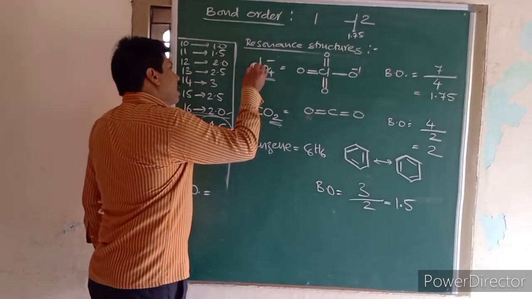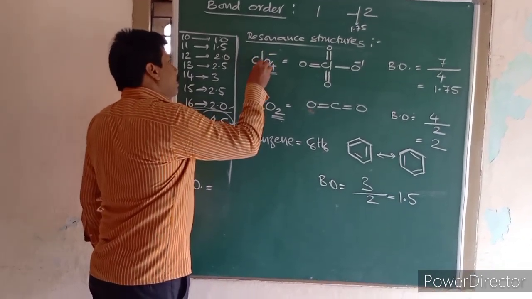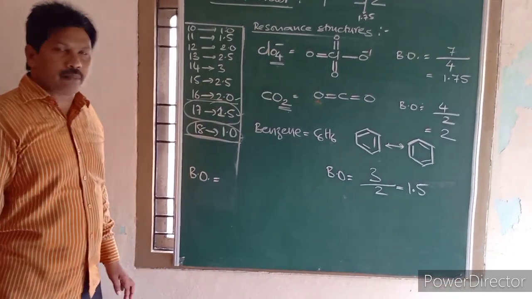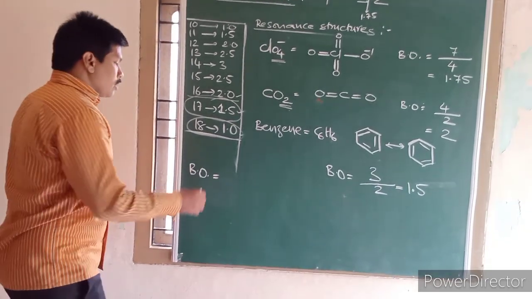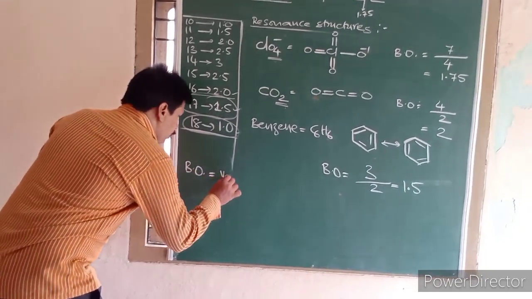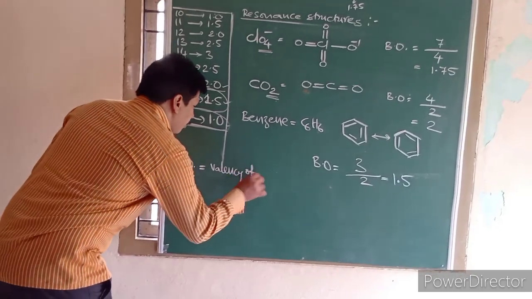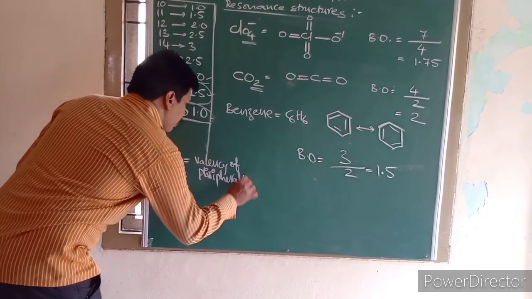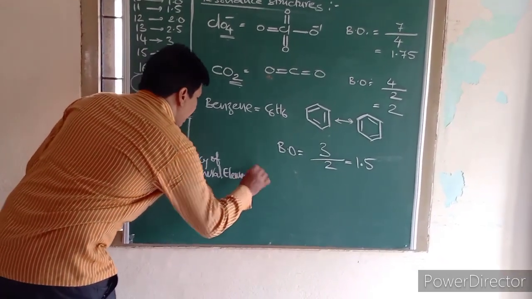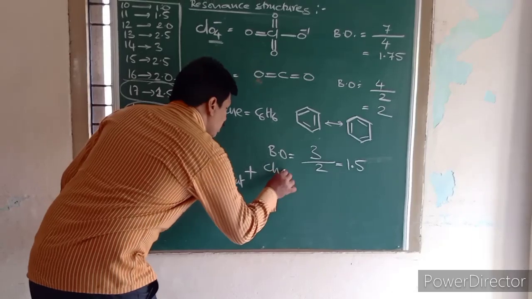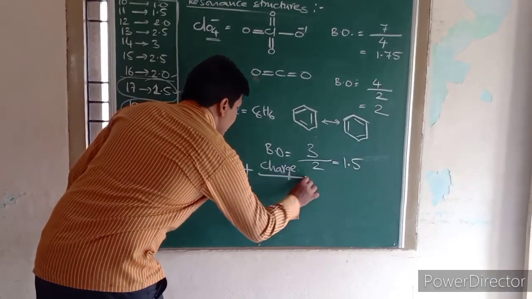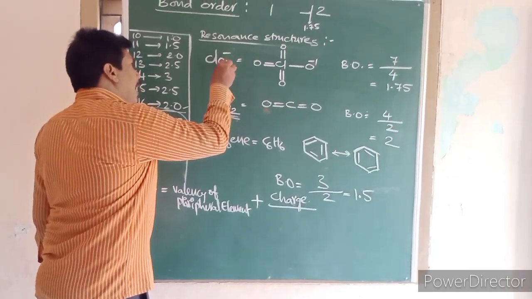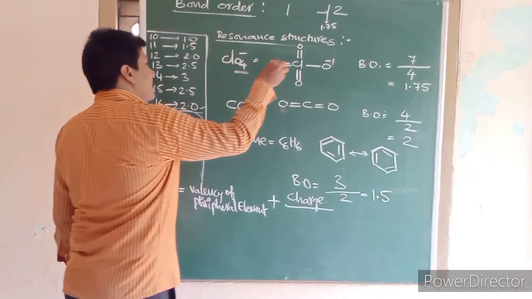Here, in this ion, chlorine is the central atom, surrounded by oxygen as peripheral atoms. In this, bond order is equal to the valency of the peripheral element plus the charge on the acid radical, divided by the number of peripheral atoms surrounded by the central atom.